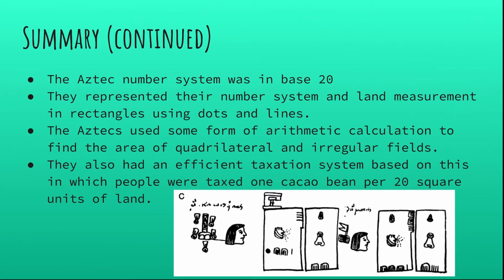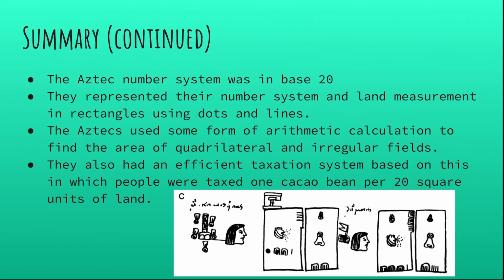The Aztec number system, as I mentioned before, was in base 20, and they represented their number system and land measurements in rectangles using dots and lines. The Aztecs used some form of arithmetic calculation to find the area of quadrilateral and irregular fields.